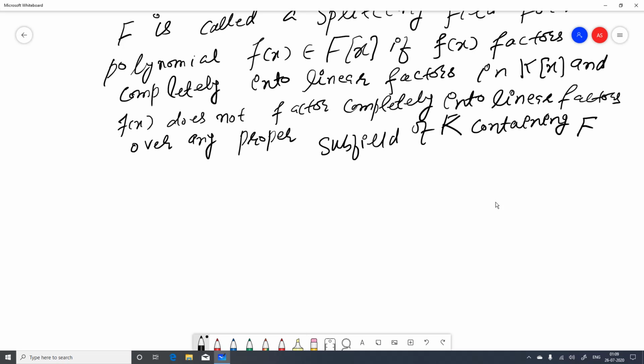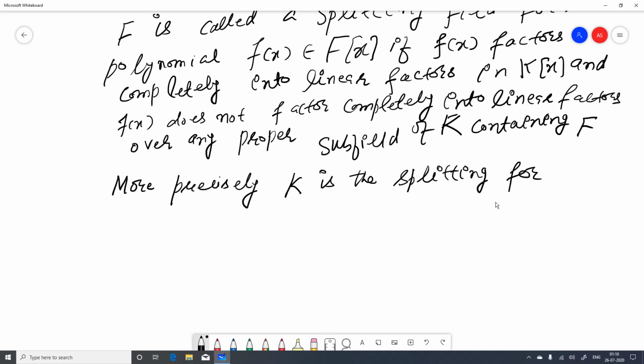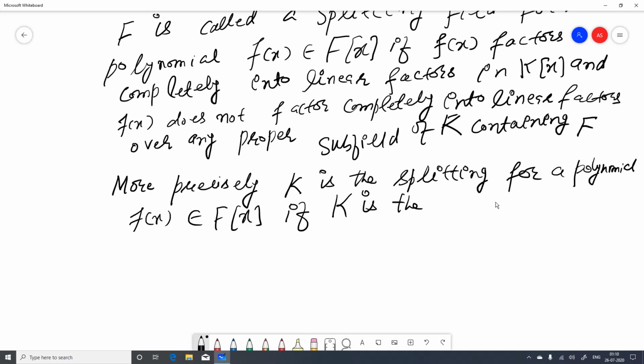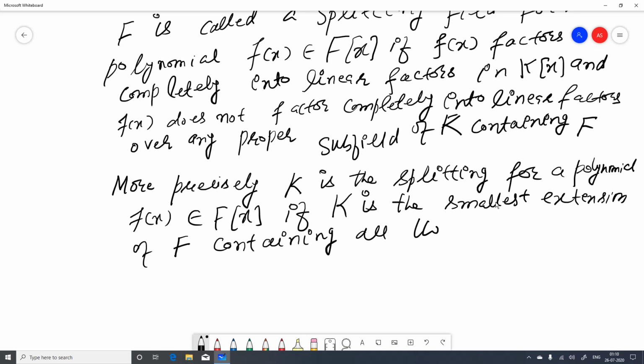So more precisely, K is the splitting field for a polynomial f(x) in F[x] if K is the smallest extension of F containing all the roots of the polynomial f(x).